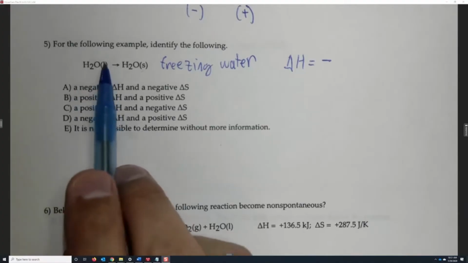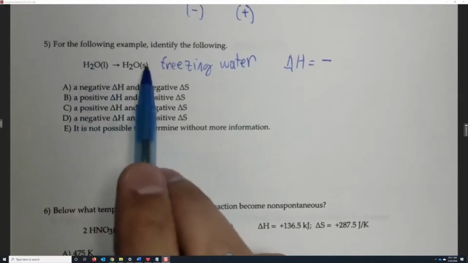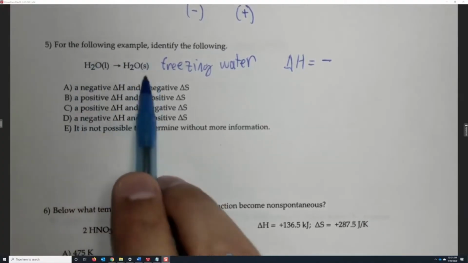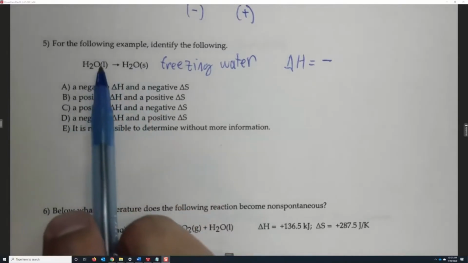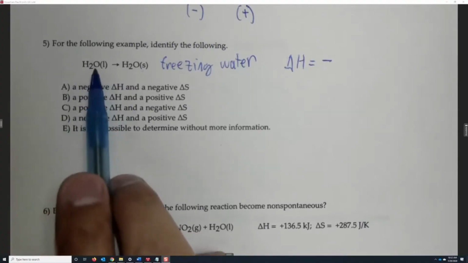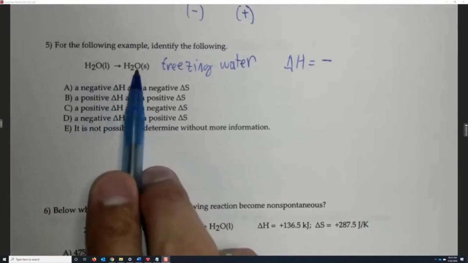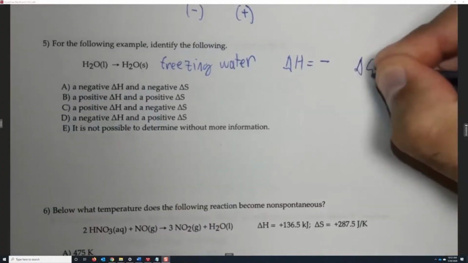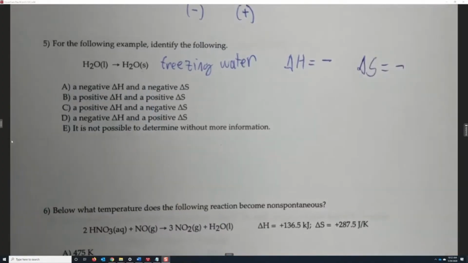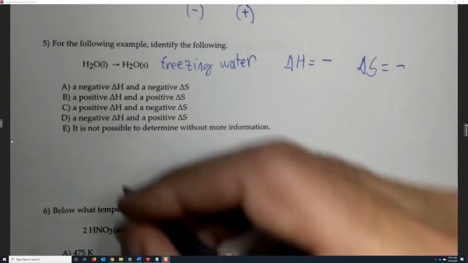So we go from something less ordered to something more ordered. So we have decreased the entropy, because this is less ordered and this is more ordered. We made it less random. So delta S is also negative. That is choice letter A.